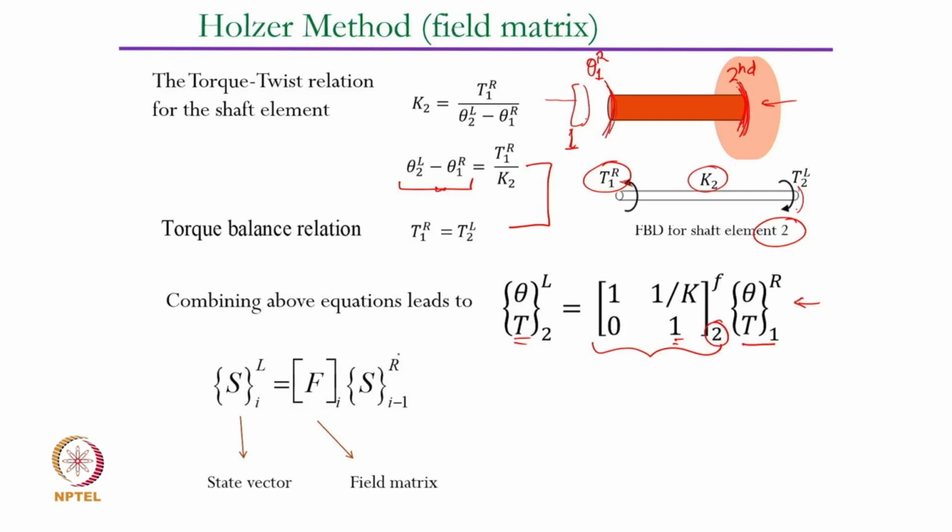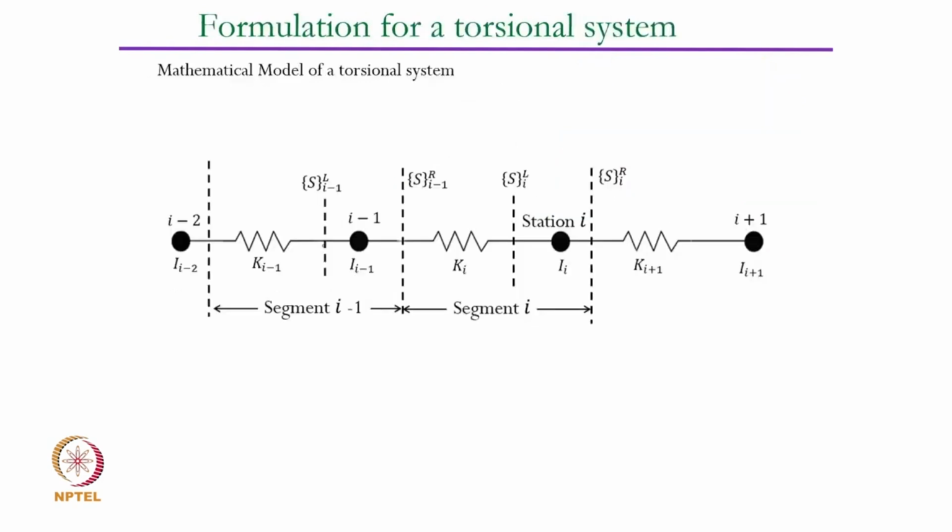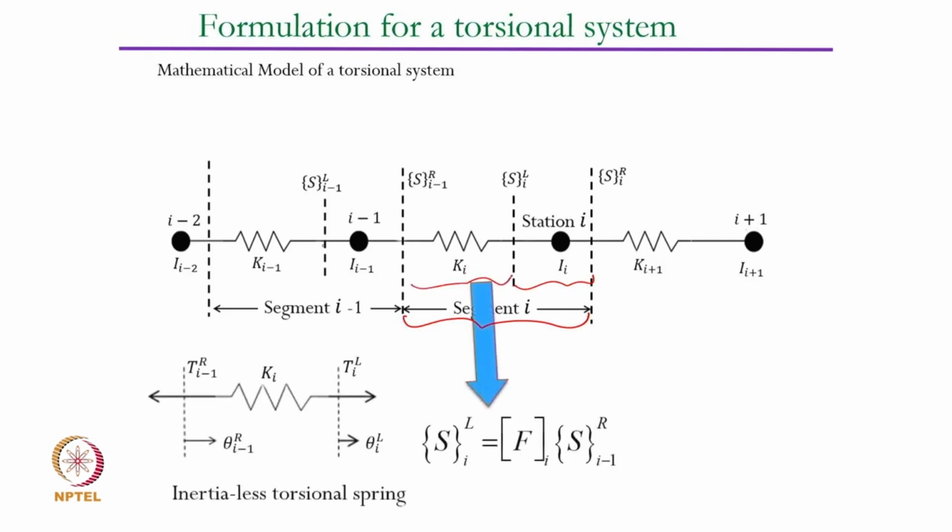So that is how the right of the previous element and the left of the ith element get related. The general expression relating the two state vectors is given by the field matrix. Now our segment was subdivided into an inertia part and a stiffness part, and we got the relationship between these state vectors through the field matrix, so SLI was related to SRI minus 1 through this field matrix.